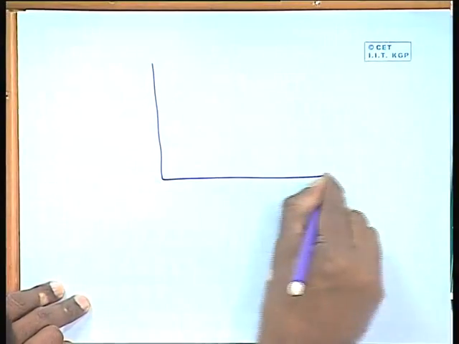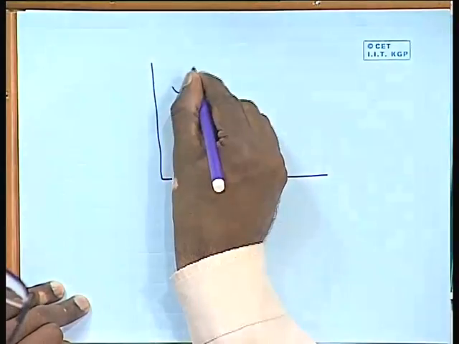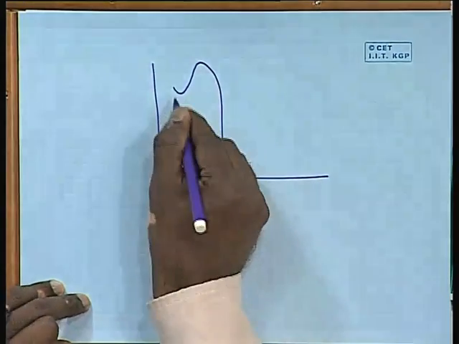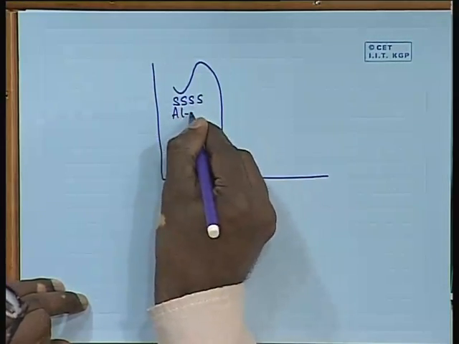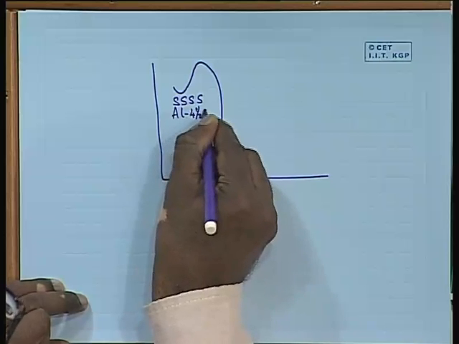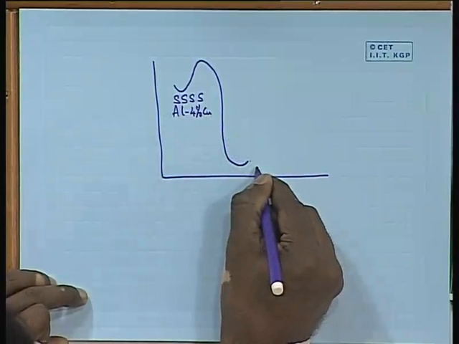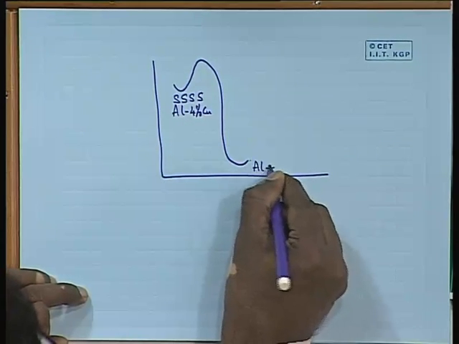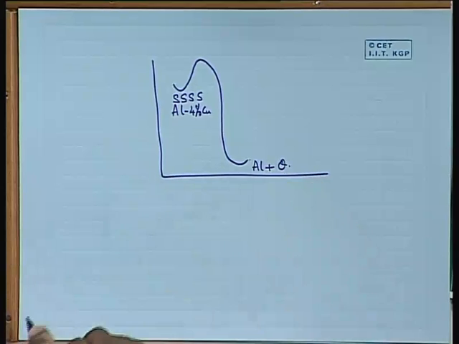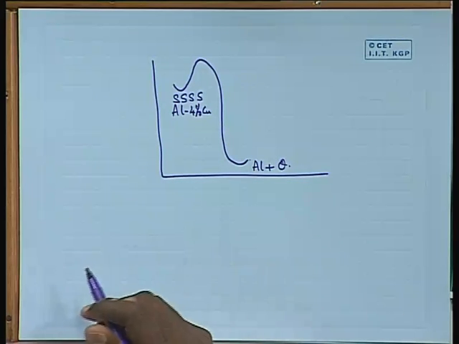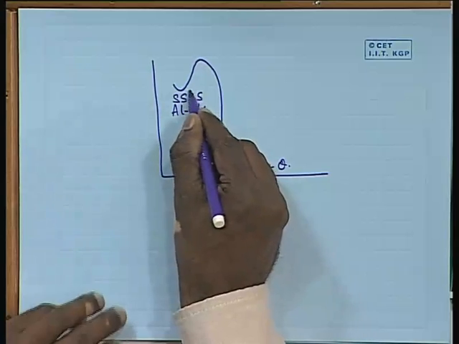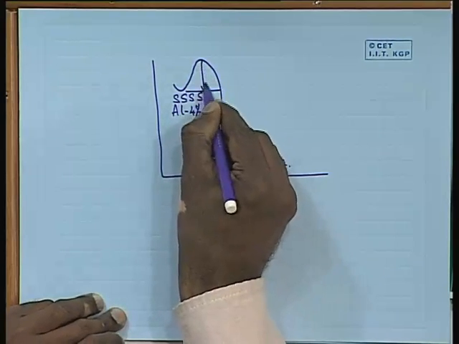For example, if you take the supersaturated solid solution of aluminum copper, let us say 4% copper, and it has to give you the aluminum plus theta phase, for such a precipitation to occur, usually you have a large activation barrier.